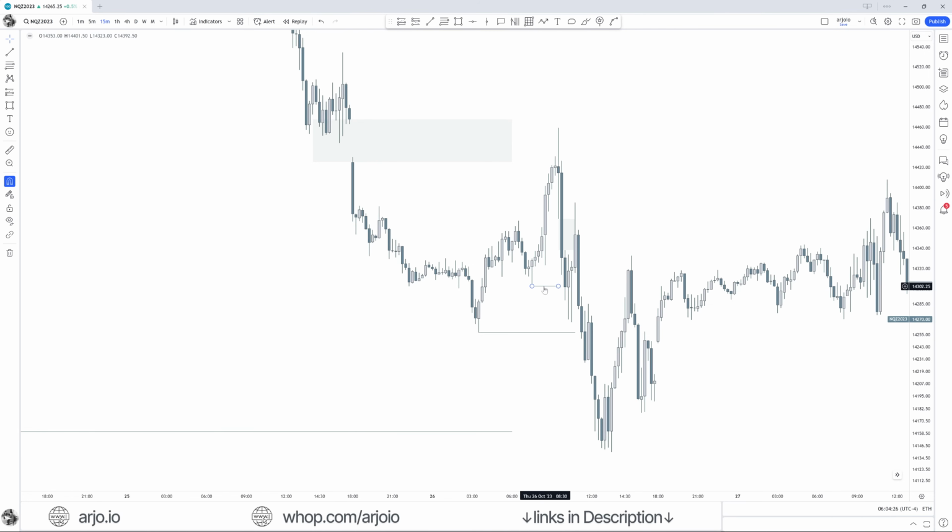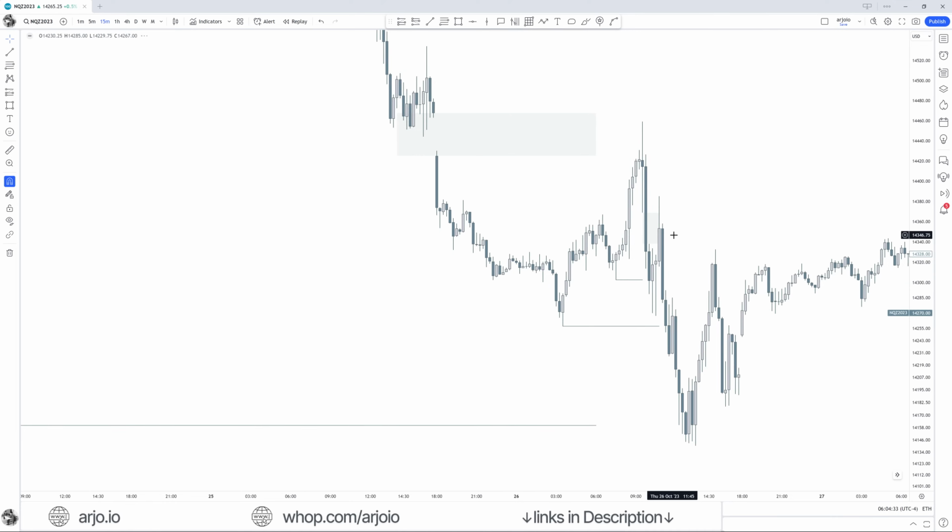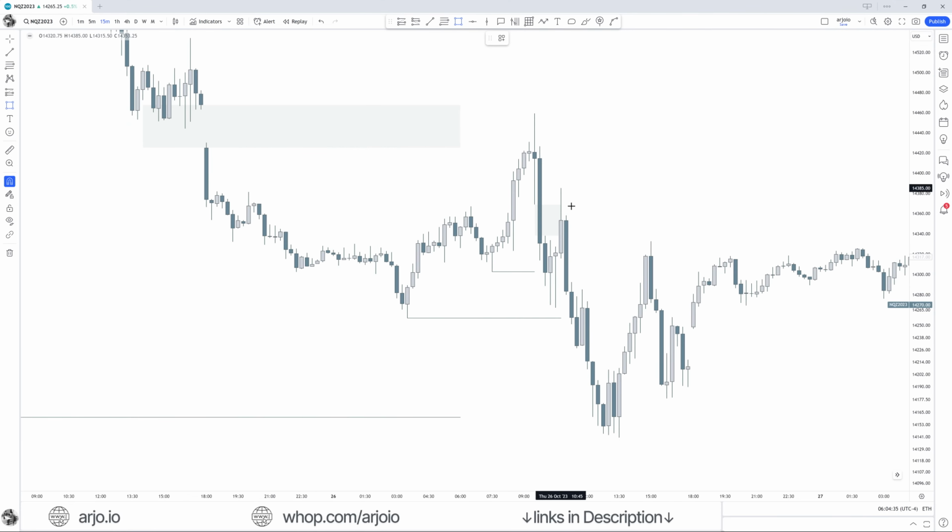But once that low gets taken, we can see already after that the retracement happens. So in this area right there, there is no discount arrays to worry about, which is why price will now want to explode lower.